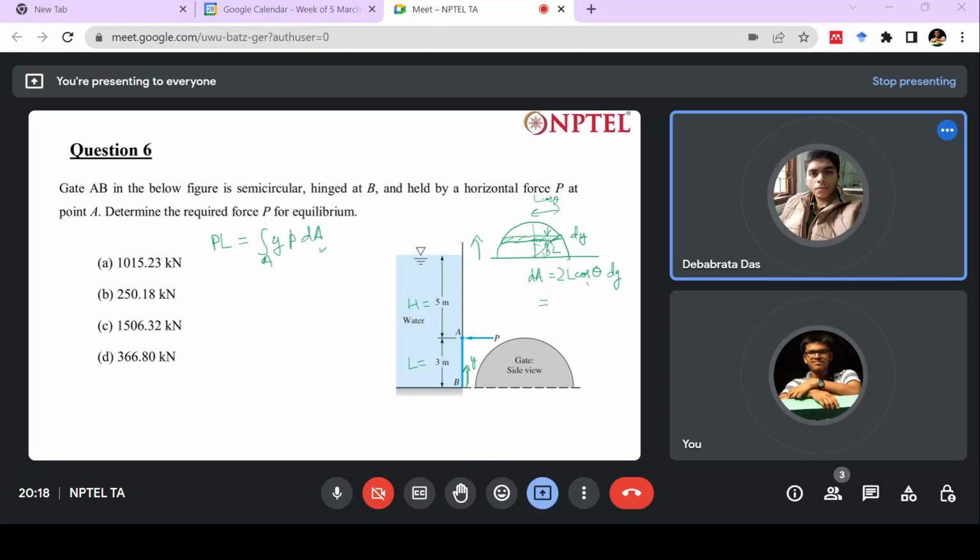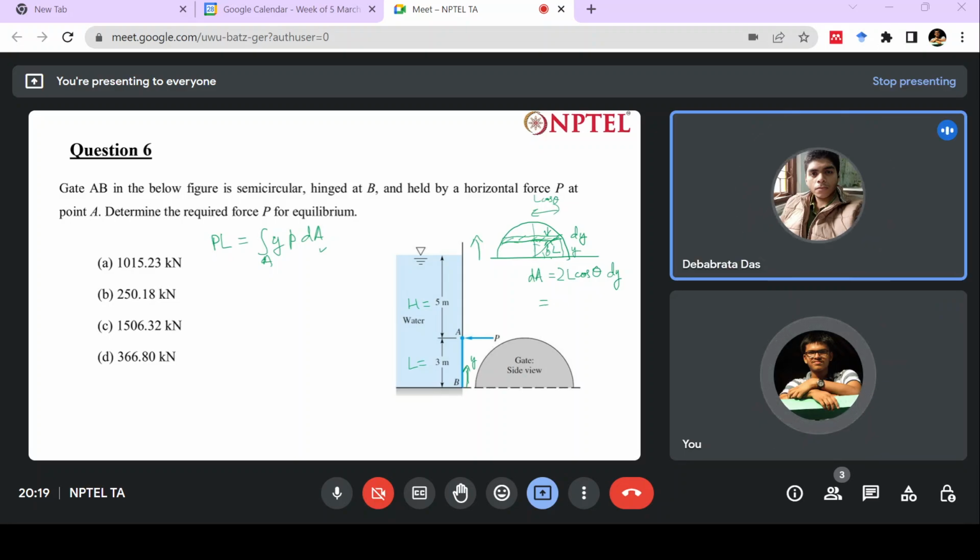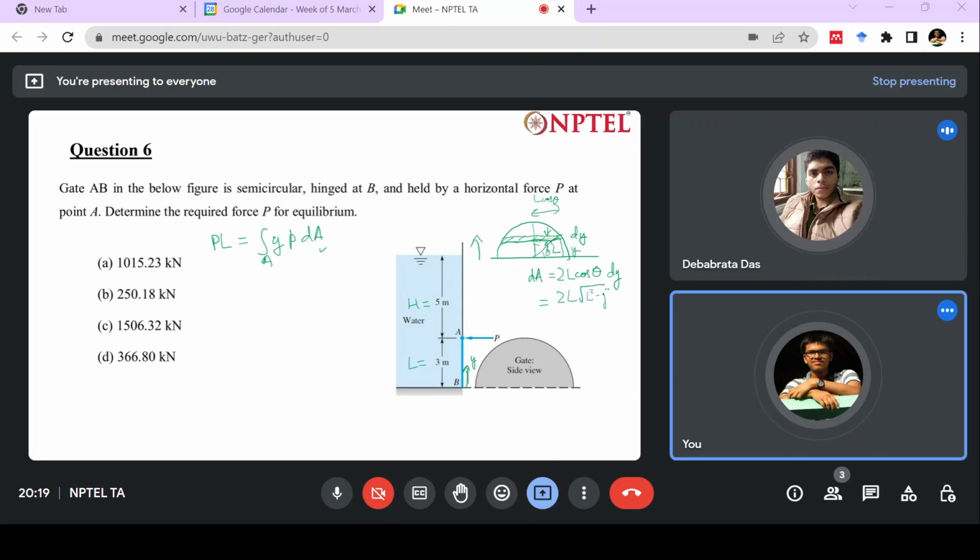Now cos theta also you can put. How? You know this is y, and this is L. So cos theta will be nothing but root over L square minus y square, divided by L. So your L will cancel.